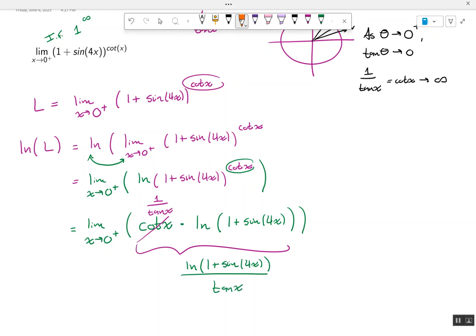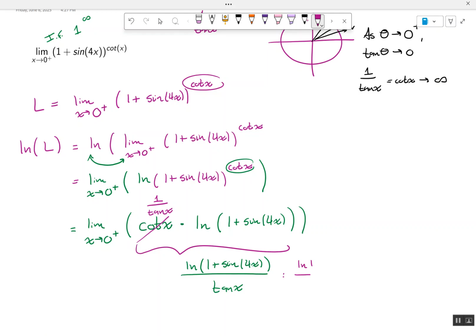And so if we plug in 0, right, thinking about our limit, then we have natural log of 1 plus sine of 0, which is 0, so 1 plus 0 is 1. Natural log of 1 means e to which power is 1, that's 0. So natural log of 1 on the top over tangent of 0.